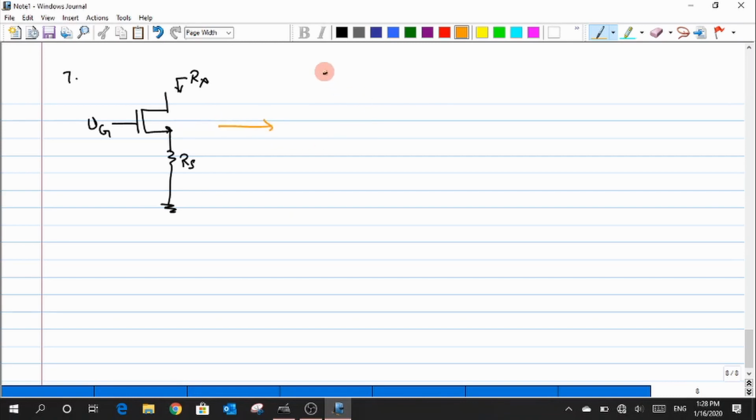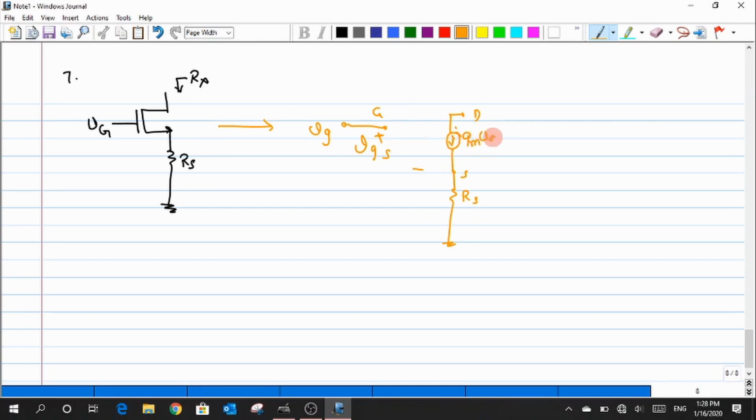I have my gate, and then the source, and the drain here, and across the source I have a resistance whose value is Rs, and across the gate I have Vgs, with a Vg there. Since the value of Vgs is not equal to 0, and I have a polarity of plus and minus for the gate and the source, I draw the current direction from drain to source, whose value is gm Vgs.